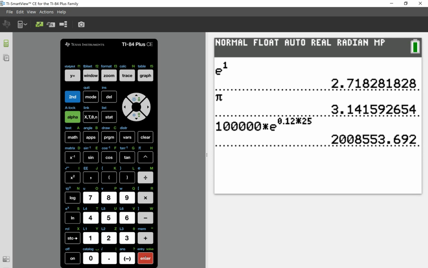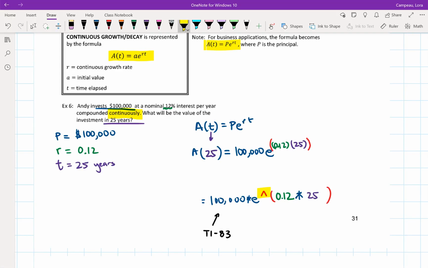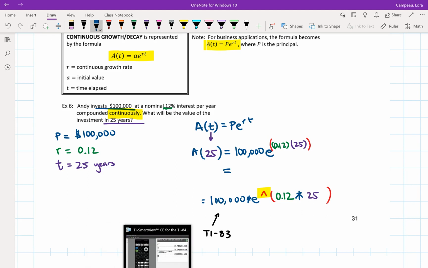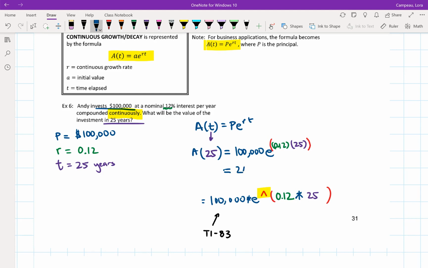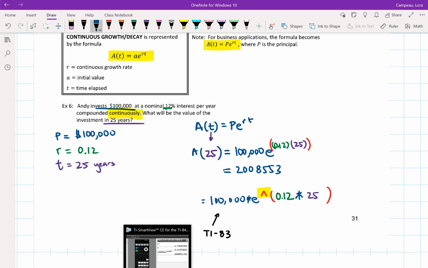Let's switch back to this screen, and we will remind ourselves what that rounds to. We have approximation going on, so let me write down exactly what I see in the TI. I have 200 8553, and because we have money, we really do care about the decimal point.